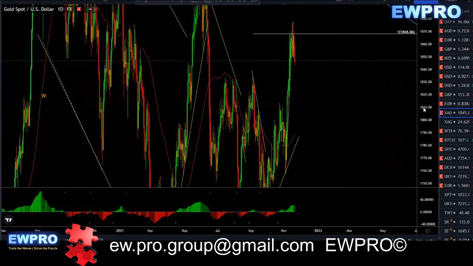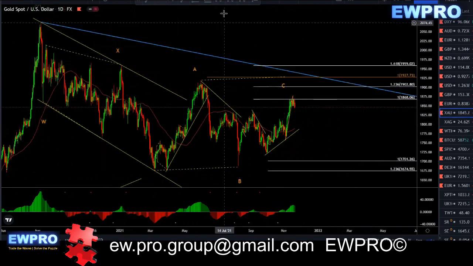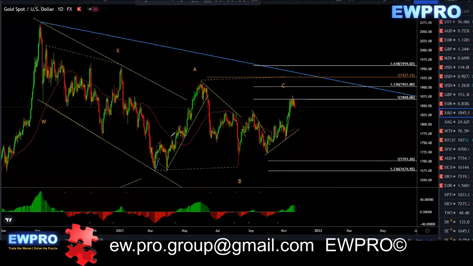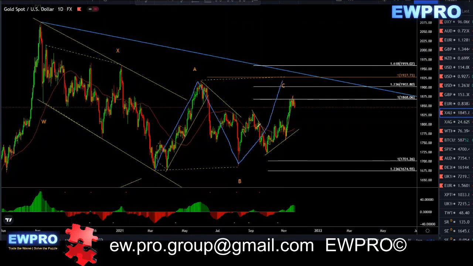The gold on the daily. So looking at A, B, C, like I've been saying, we didn't get that buy setup in here to go up to that C wave. Instead, we got a really deep correction in here, which made it difficult.